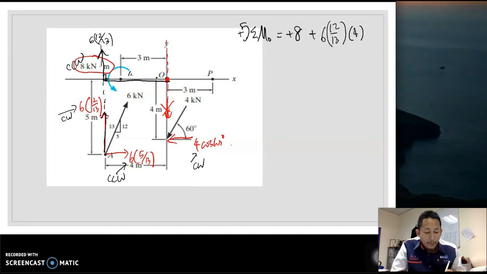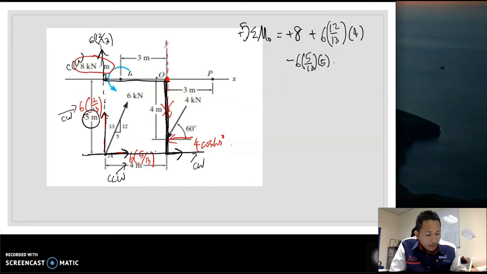And then we have counterclockwise, so this is negative, and the distance for this one, this is the line of action for the force, and this is the perpendicular distance. So this one is 5 meter. So we have negative 6 times 5 over 13 times 5 meter.